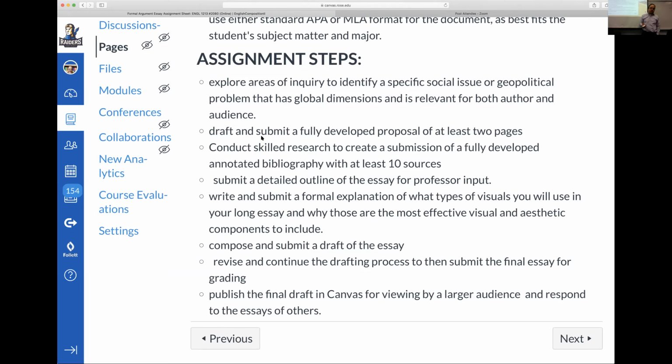going to expand that. Now, one of the difficulties in this is that you can't really just take a 3 to 5 page essay and just write more and have that be the essay. You need to think about how that first project represents one component of a larger argument that you're going to make.